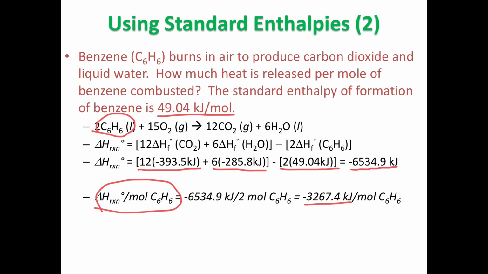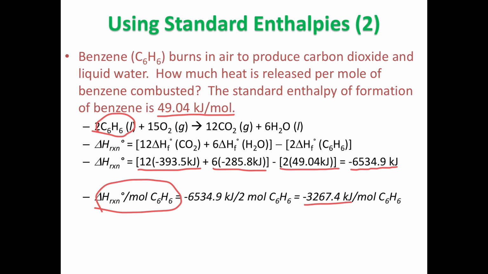An alternative approach would be to divide the entire reaction by 2, such that you start with only 1 benzene. The resulting calculation would have half the amounts of carbon dioxide, water, and benzene.